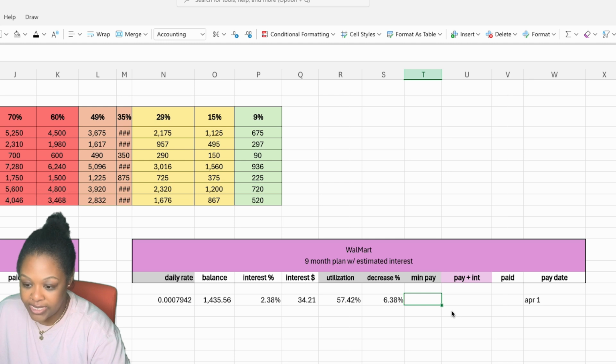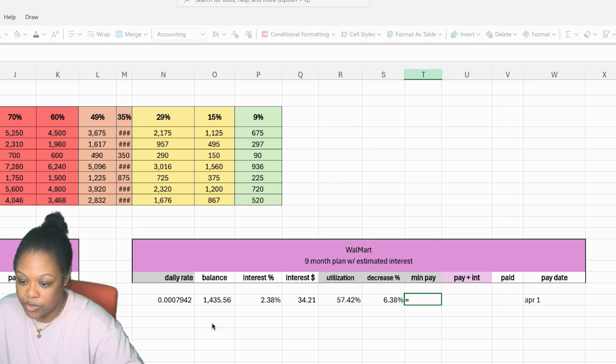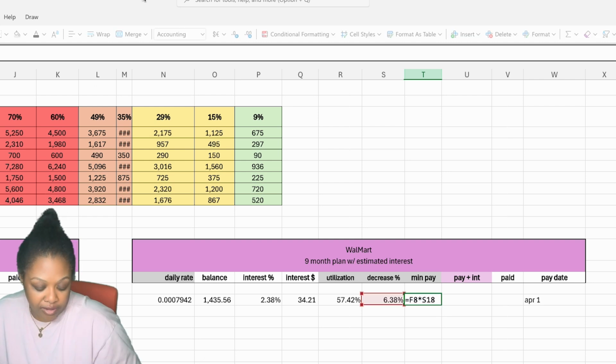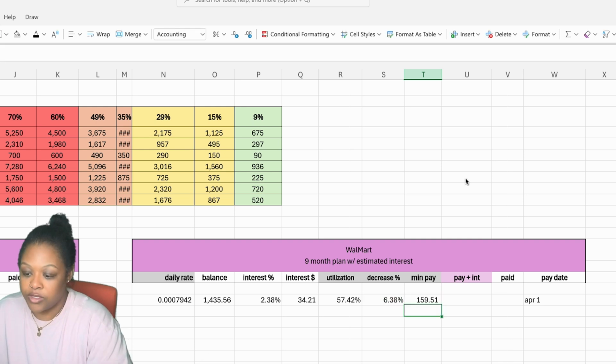All right, and what is that in dollars? We're going to do the limit times the decrease percentage here. So that's a minimum payment of $159.51. Let's go back and anchor that limit again, the F8, so it does not move.